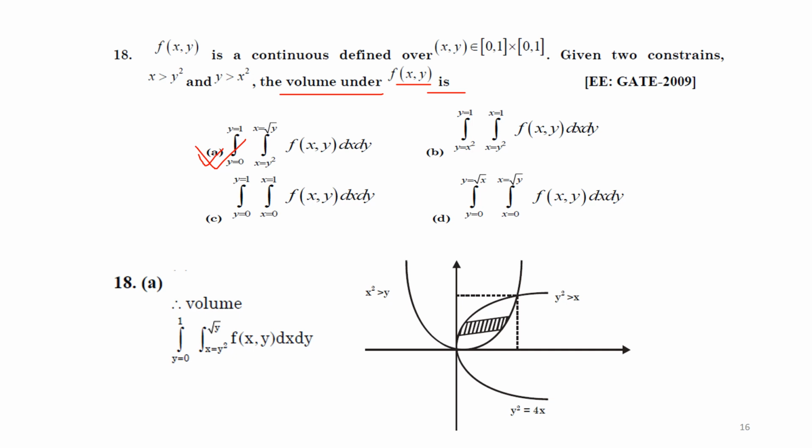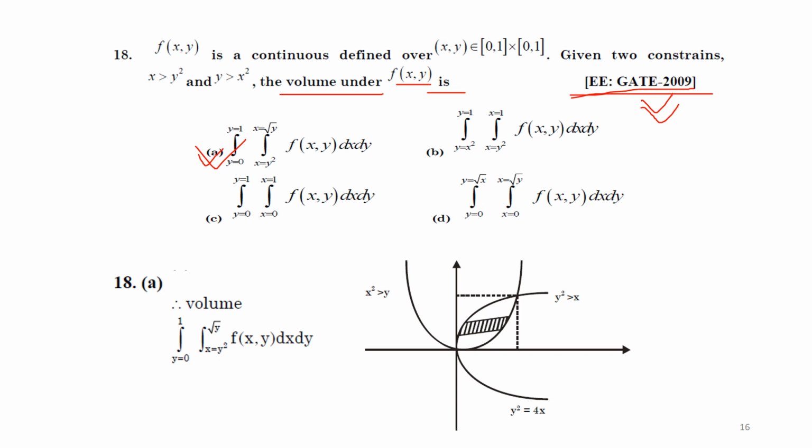See, those who are from a mechanical background might not find this kind of problem, but those who are from an electrical background have to solve a lot of these problems. So if you are from a mechanical or civil background, you can skip this. But those from electronics or electrical background should not skip.